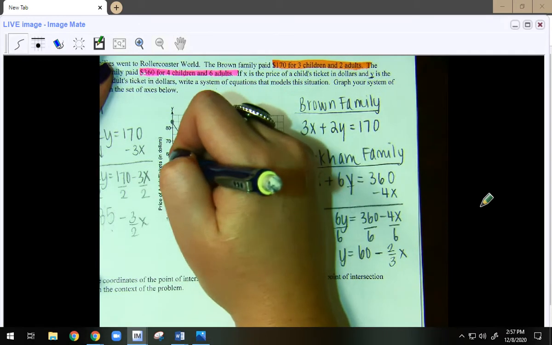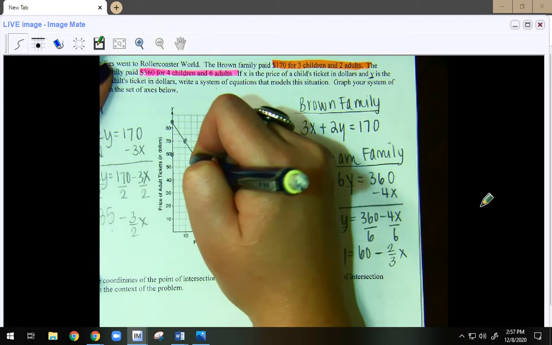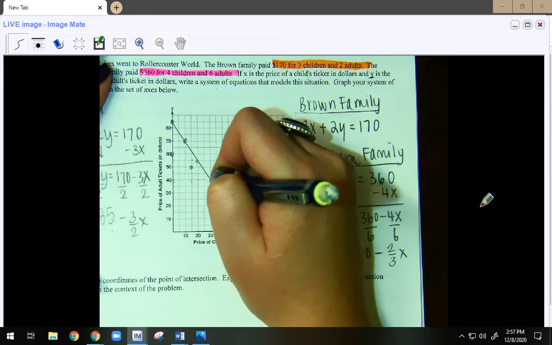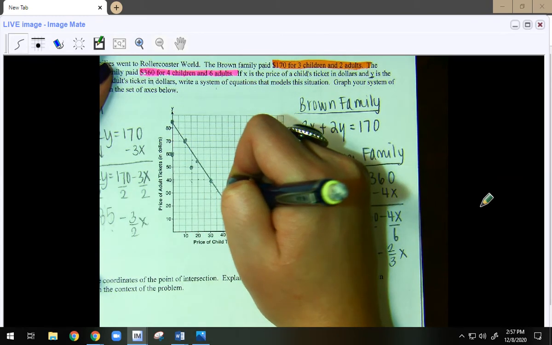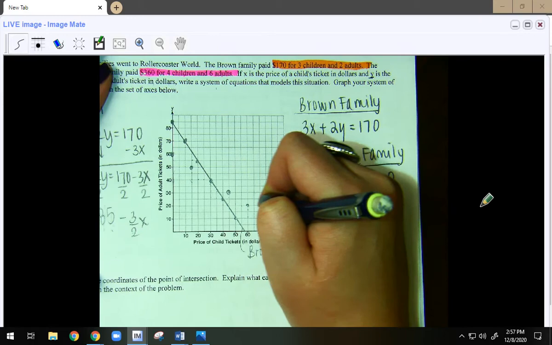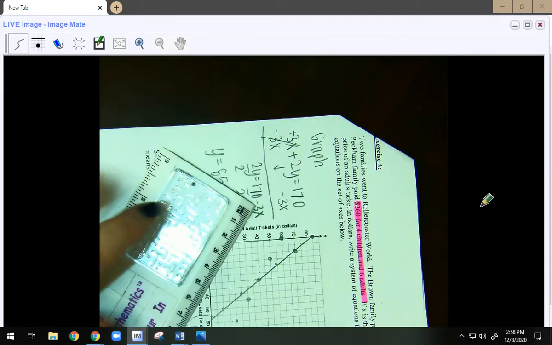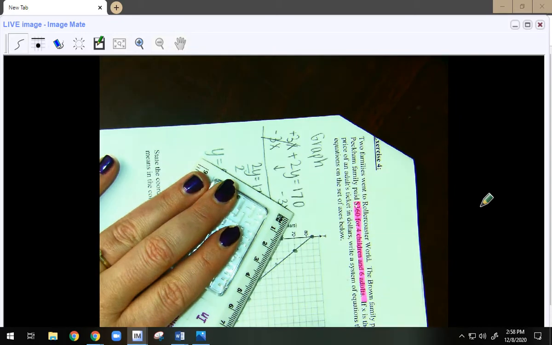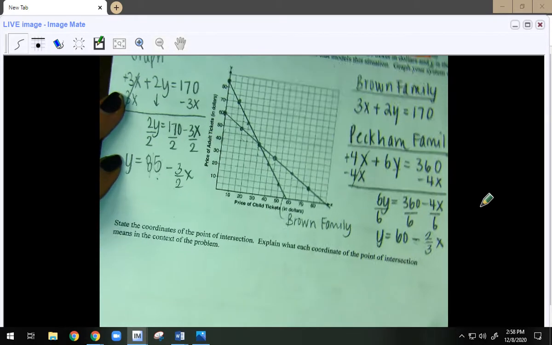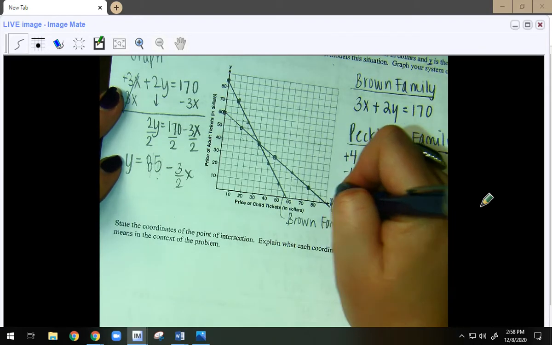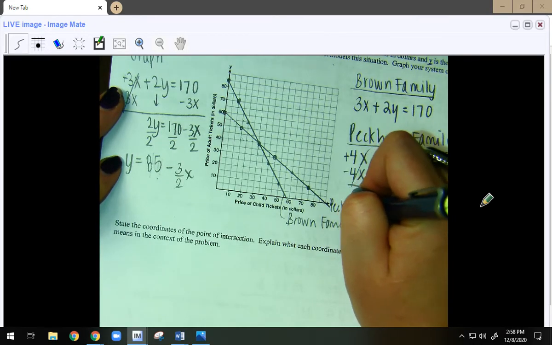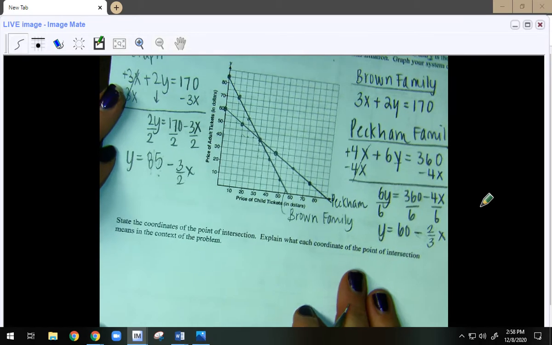So down 1, down 2, 1, 2, 3. Okay, and here is your second line. Okay, and this is the Peckham, kind of like Beckham, family.